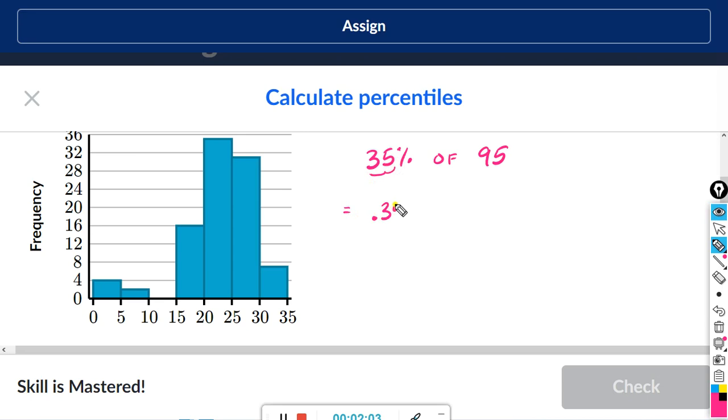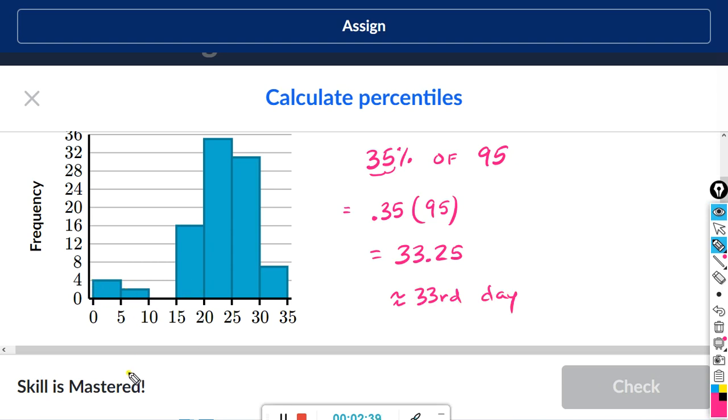So 35% becomes 0.35, and we multiply that by 95. I'll do this on the calc, and I get 33.25. So it is approximately the 33rd day, or you can say the 33rd value starting from the left.